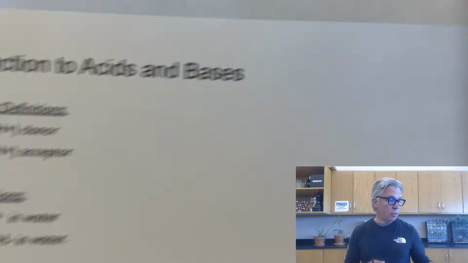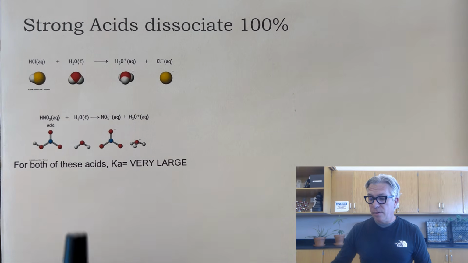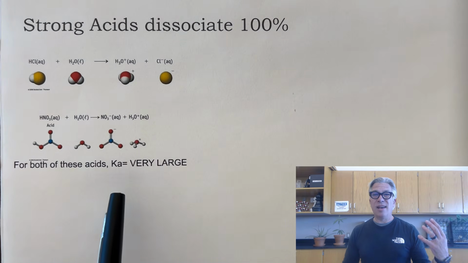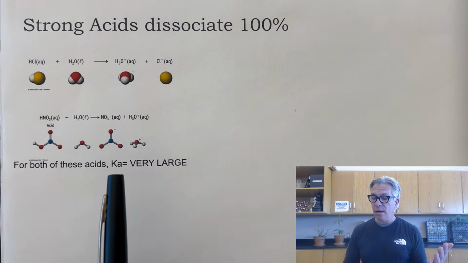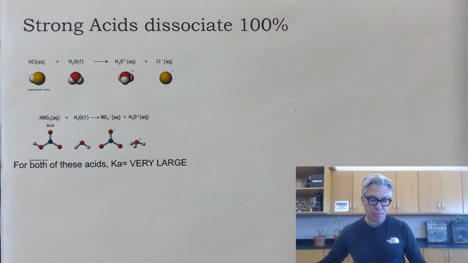And we also have to know the difference between a strong acid and a weak acid. Strong acids dissociate 100%, and if we start thinking about them as equilibria, setting up equilibrium from both sides, these strong acids have very, very large Ka values. In fact, so large they're usually not even mentioned because we're assuming 100% dissociation on those.